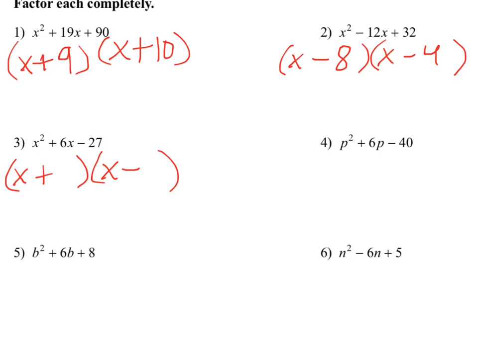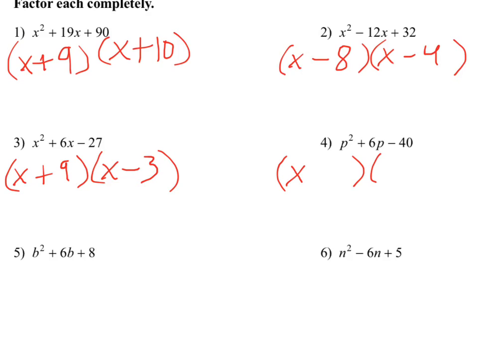Well, to get 27 you can do 9 times 3. And those are the only two factors I can think of aside from 27 and 1. But if you take positive 9 and negative 3, those will multiply to give you 27. And if you were to add those together, you would get 6, because 9 plus negative 3 is positive 6. And that one's done.